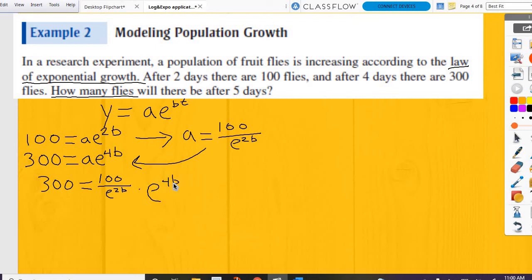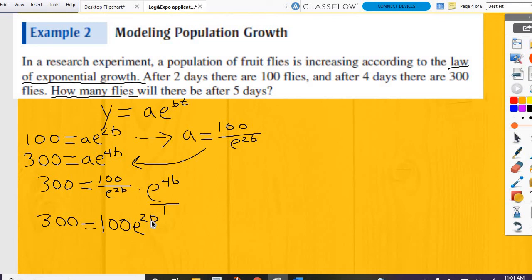Now, is this e to the 4B technically on top of my fraction? Yes. What is it technically over? 1. Right? So I can reduce things. Yes? If I have e to the 4B divided by e to the 2B, well, they have the same base. So what do we do to our exponents? Subtract them. So 4B minus 2B gives us 2B.